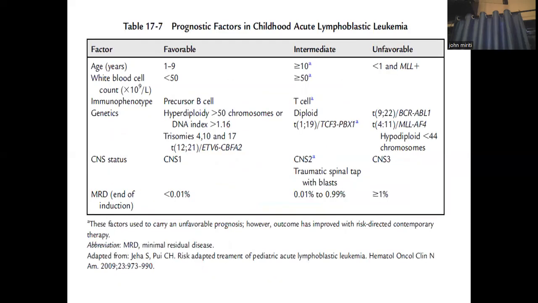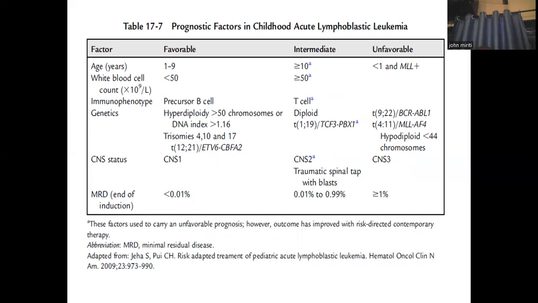Now, prognostic factors in childhood acute lymphoblastic leukemia. For age, 1 to 9 years is very good, more than 10 years is intermediate, and less than 1 year is unfavorable.